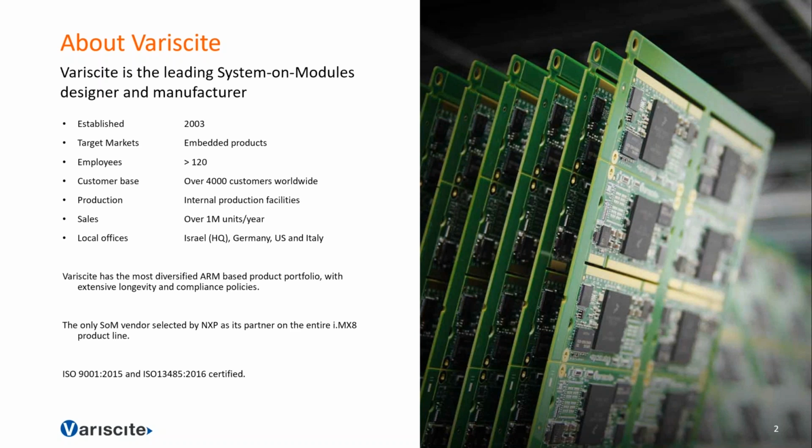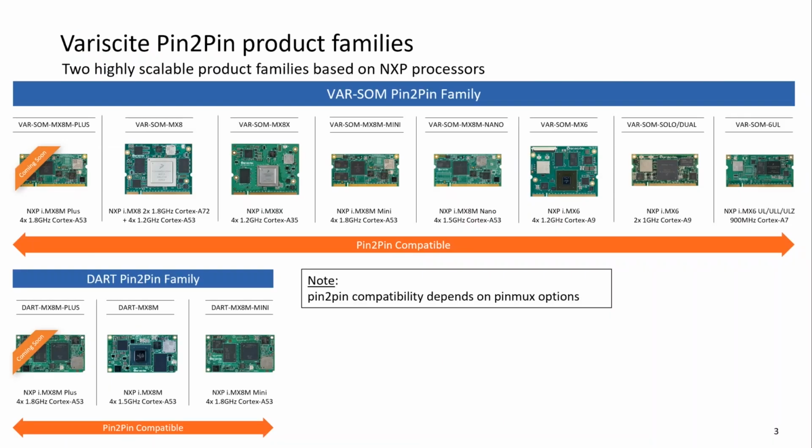So while the focus this time will be on the Mini, we practically have a full portfolio of pin-to-pin product families. You can naturally build a Yocto on top of each and every one of those. You don't have to use a very high-end processor like a quad-core with multimedia or video acceleration inside. It can actually run also on the IMX6 UltraLite that you can find on the top right on the pin-to-pin VarSOM family.